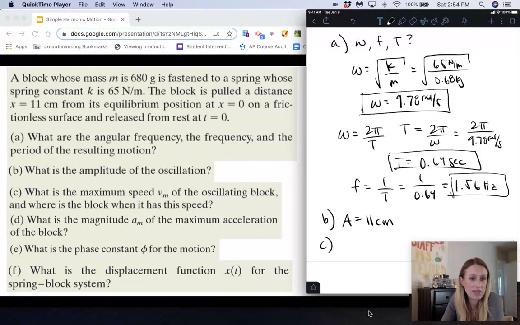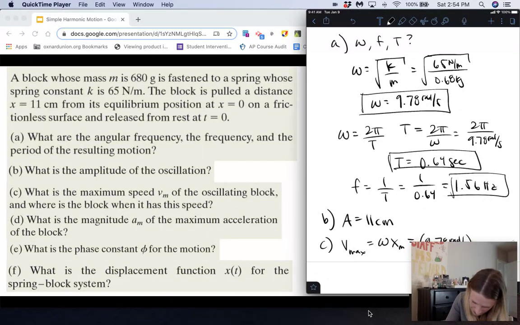Letter C says, what is the maximum speed of the oscillating block, and where is the block when it has this speed? Maximum velocity is going to be equal to omega, our angular velocity, times our amplitude of motion. So we get omega was 9.78 radians per second times the amplitude, which is 0.11 meters.